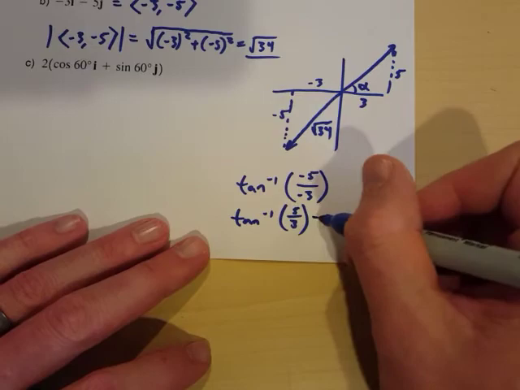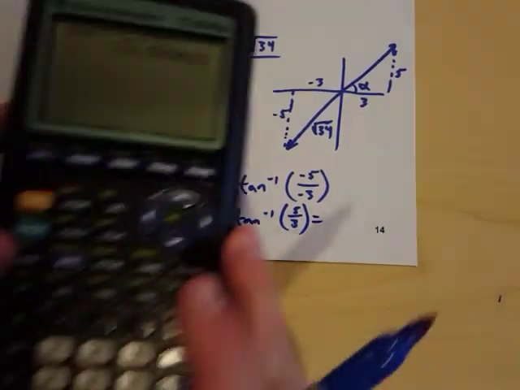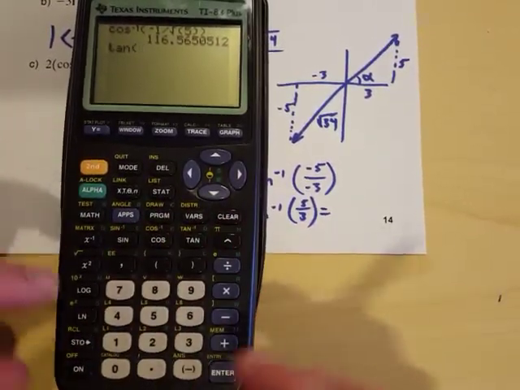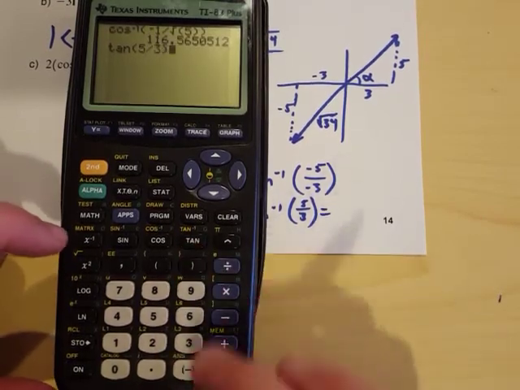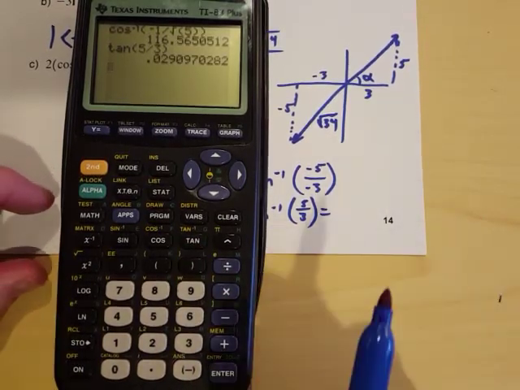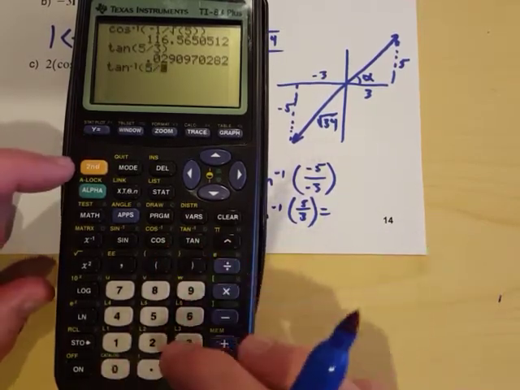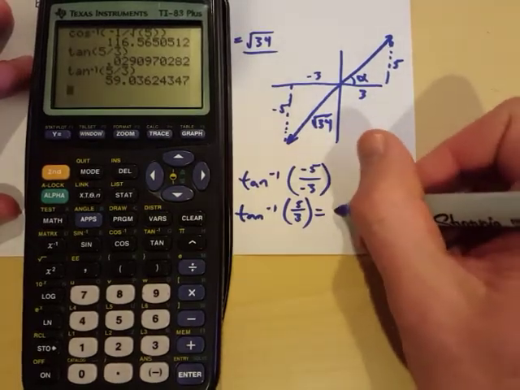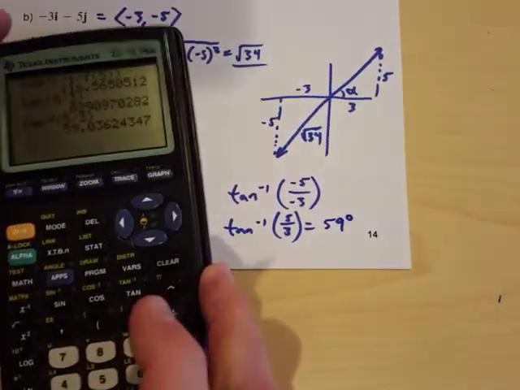So tangent inverse of 5 over 3, go back to the calculator here, make sure it is again in degree mode, and that gives us about 59 degrees. Really close to that, so we'll just call it 59 exactly.